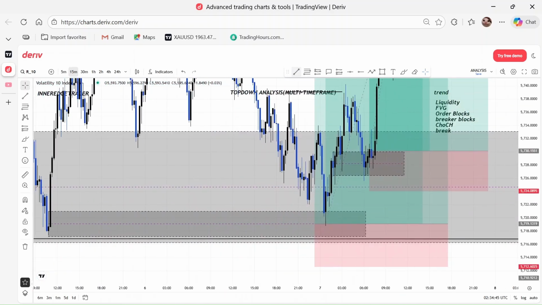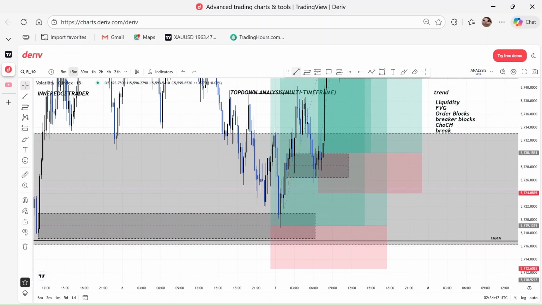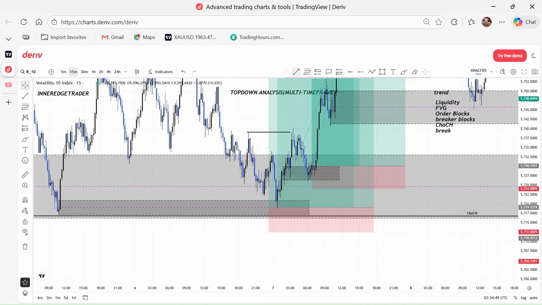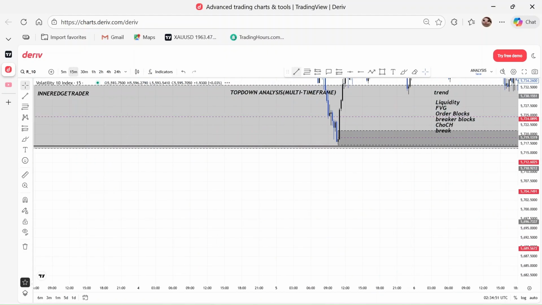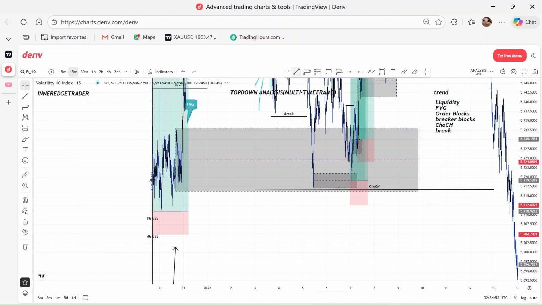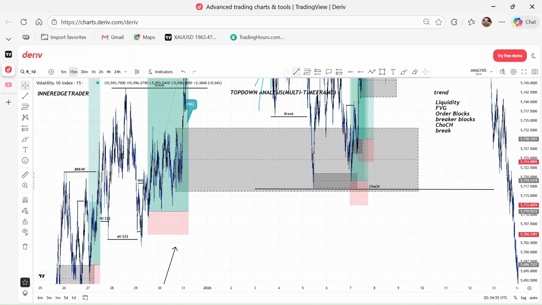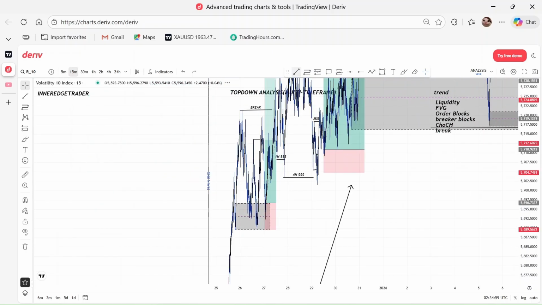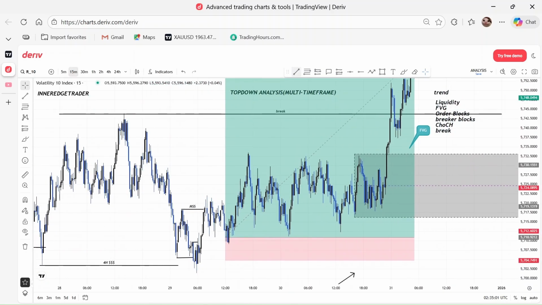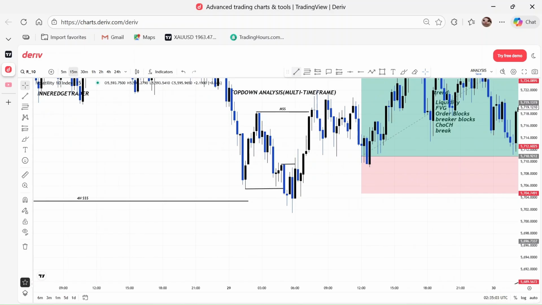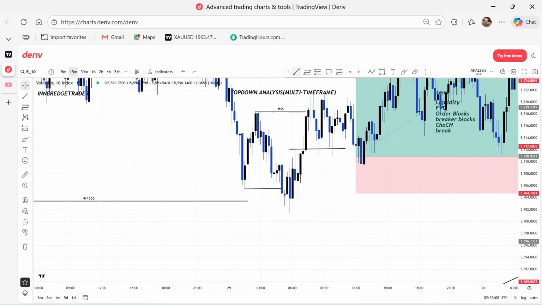If you go back to all the entries we've taken, the market always comes back to either a market structure shift or an order block. On our entry on the 15 minutes here, what do you notice? This was acting on a market structure shift.